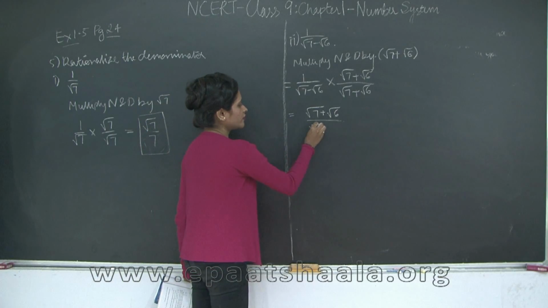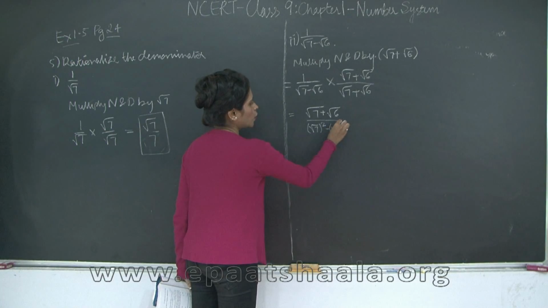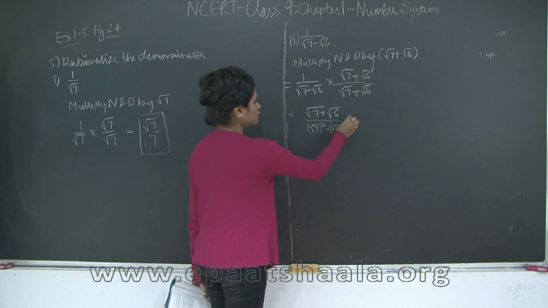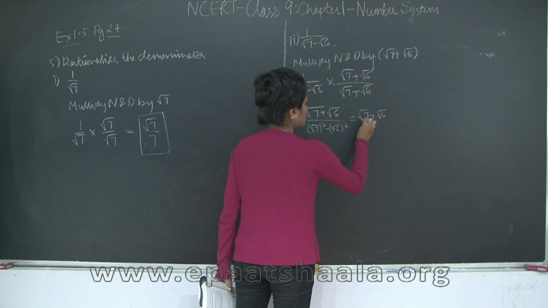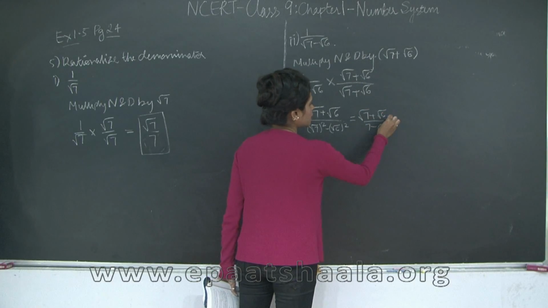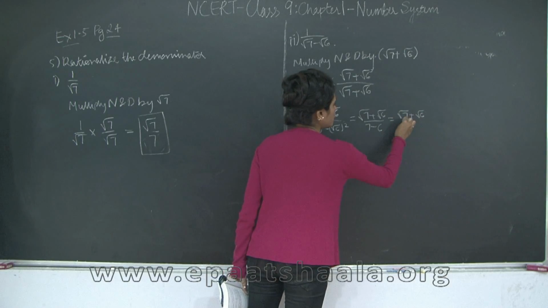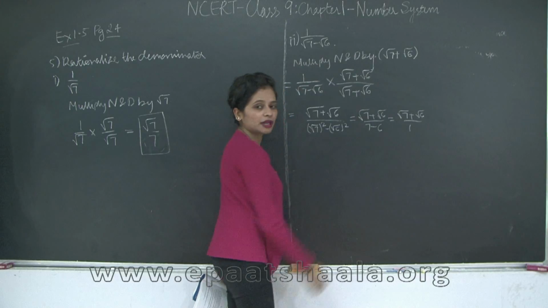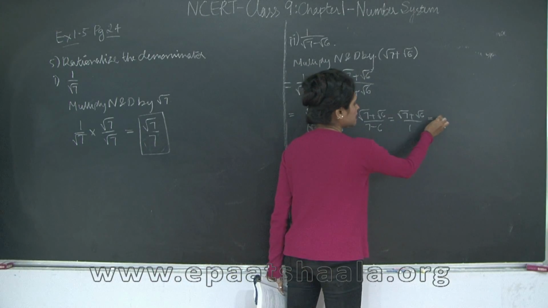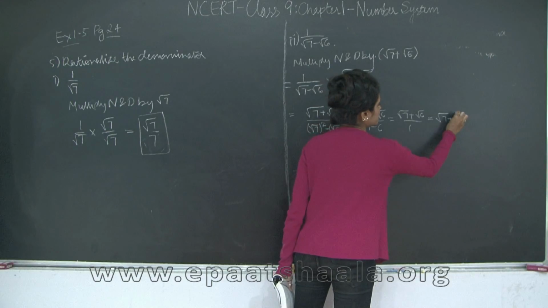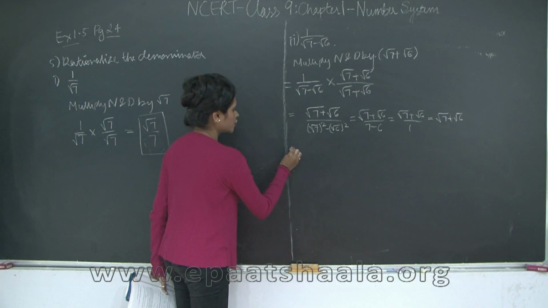So this is root of 7 the whole square minus root of 6 the whole square, which is equal to root of 7 plus root of 6 upon 7 minus 6, which is 1. So root of 7 plus root of 6 upon 1. Here I have made my denominator rational, where 1 is my rational number. So my answer can be written as root of 7 plus root of 6. Simple. Let's proceed with the third question.